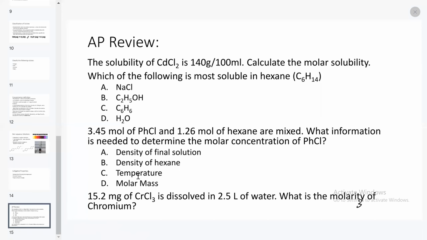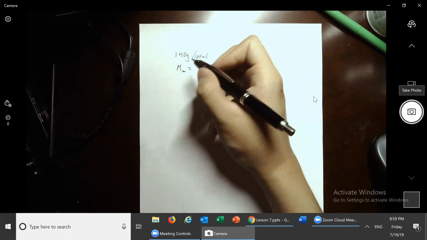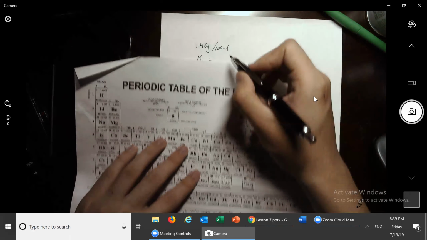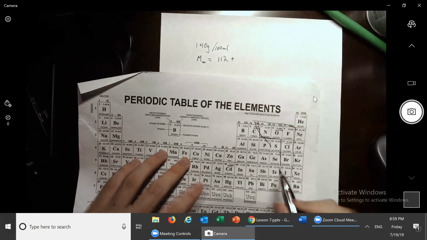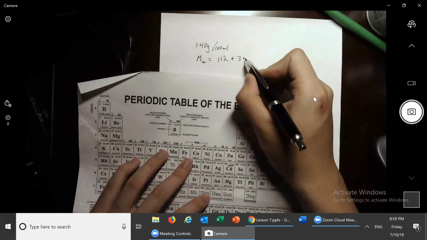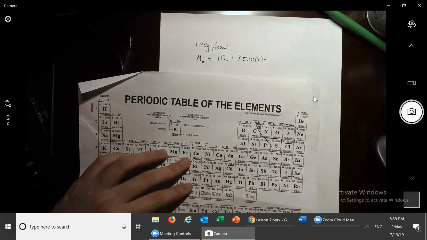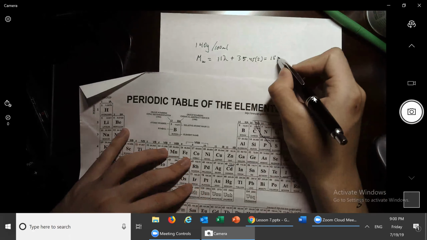Cadmium chloride is 140 grams per 100 milliliters. Calculate the molar solubility. So cadmium chloride's molar mass is 112 plus 35.45 times 2, which equals 181.